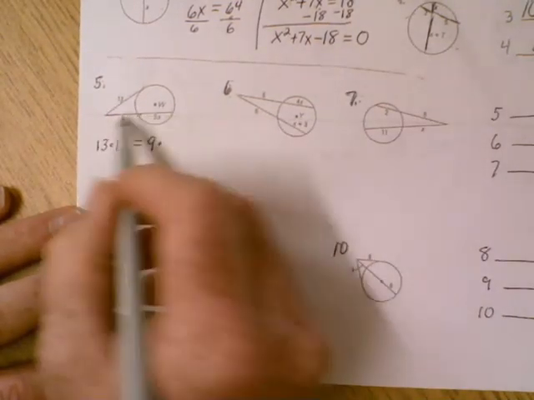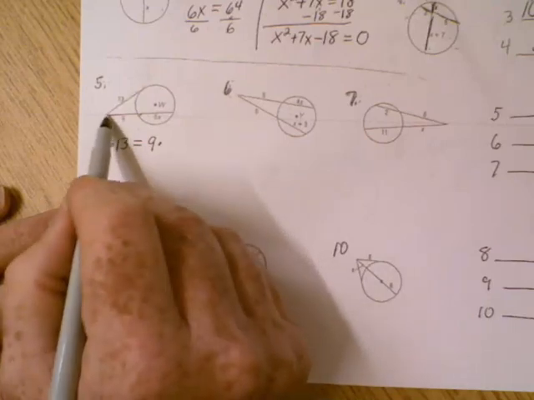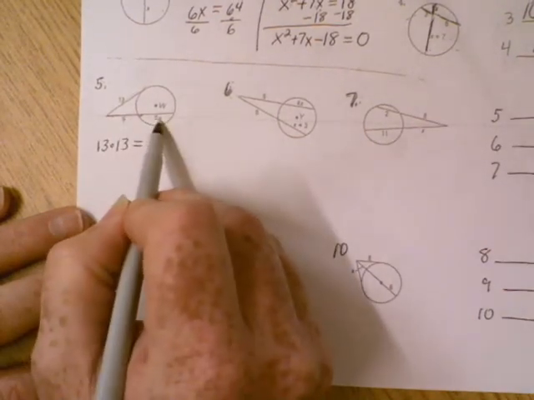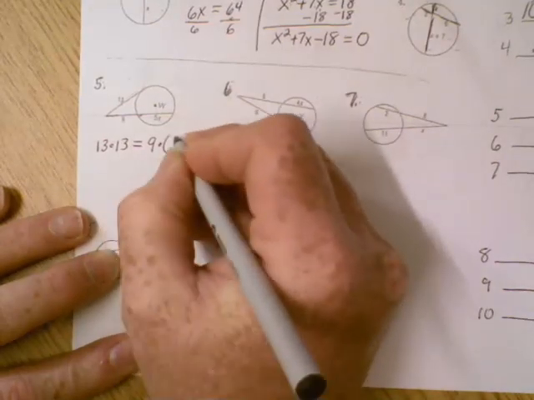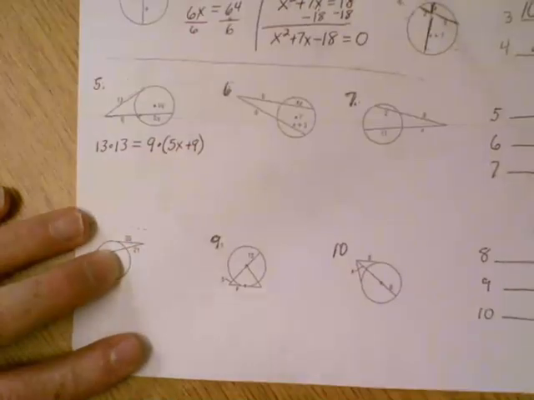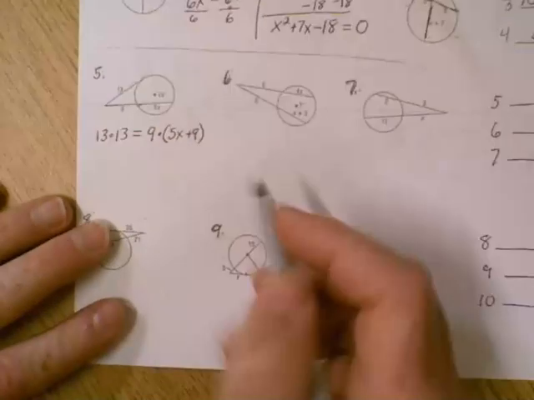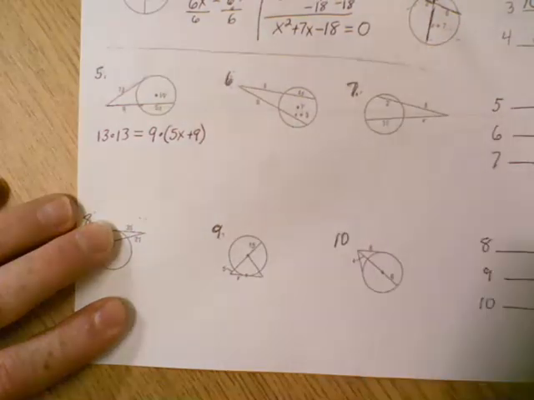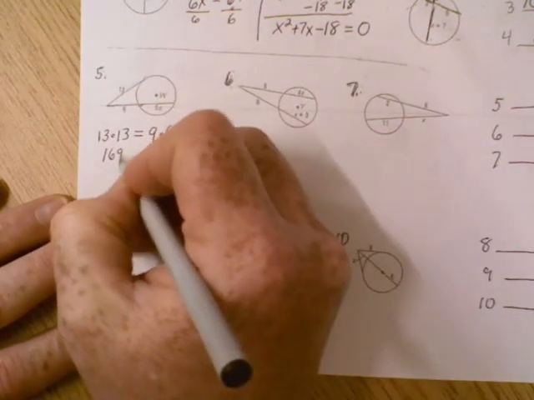And this is where it gets a little tricky sometimes. What you've got to do to get that entire secant is add this outside part and that inside part. So I'm going to put this in parentheses, and it's going to be 5x plus 9. Then I grab my calculator and I do 13 squared. I get 169. So this over here is 169.